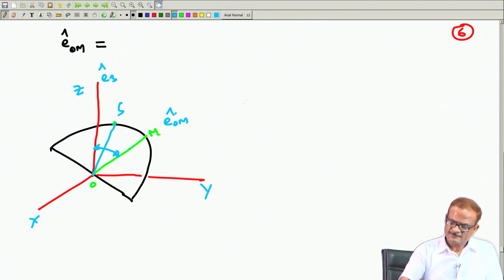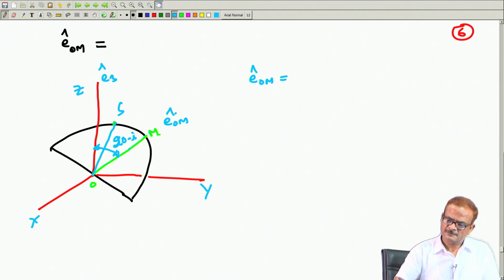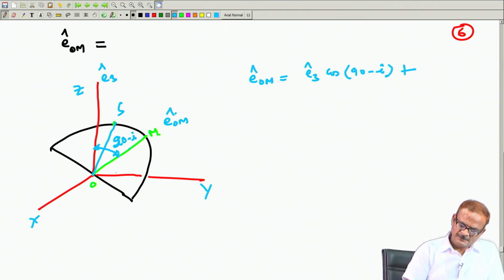E3 cap is along this direction, this is x, y and z. So, you can see that the E_OM cap vector can be composed of E3 cap cos(90 minus I), where this angle is 90 minus I, plus the footprint of this orbit on the xy plane. This footprint is from this place to this place.